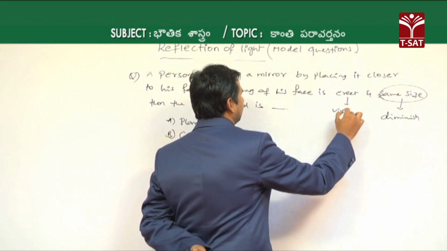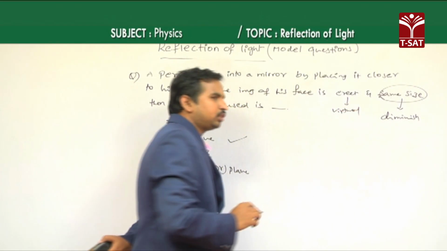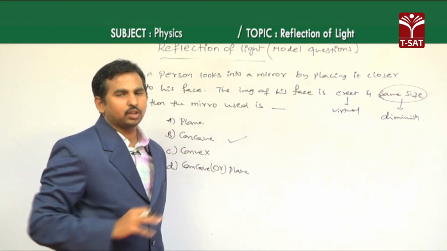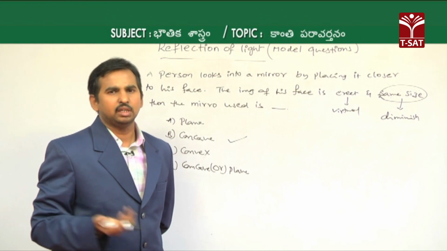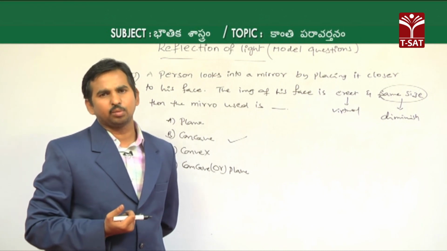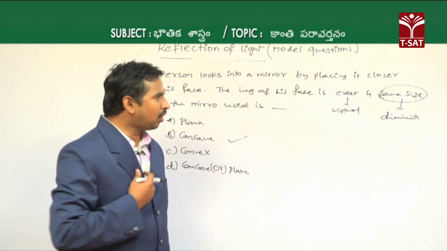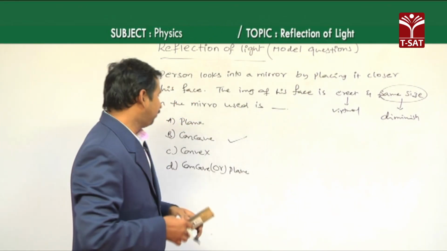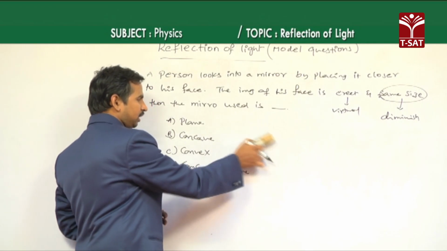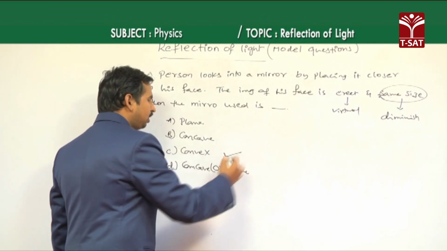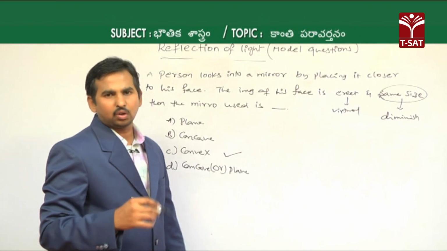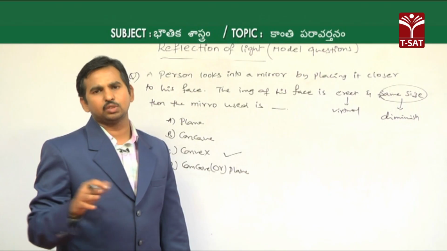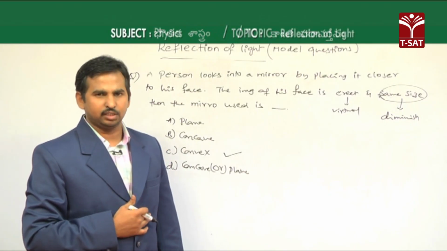Whenever a concave mirror forms a diminished image, it is always a real image only. And we know that all real images are inverted, but here it is given as erect, which means we cannot take a concave mirror; we have to take a convex mirror, because a convex mirror has the image characteristics of virtual and erect, and always forms diminished size images.